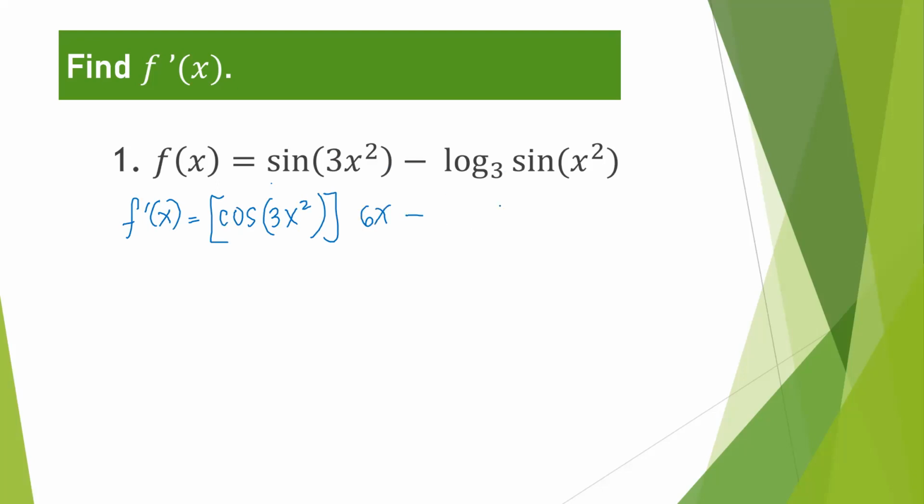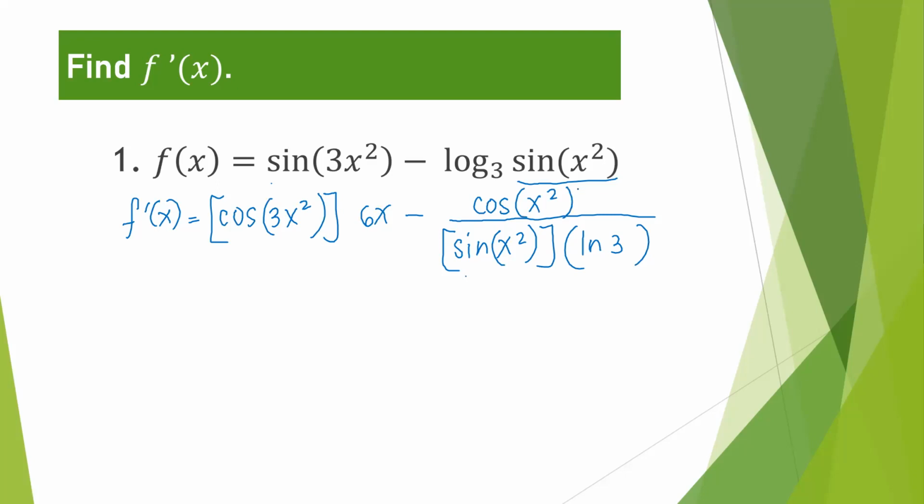Okay. Dito naman sa pangalawa, derivative ng log ay isang fraction. So, copy to, copy-paste. Tapos, meron tayong ln of 3. Okay. Tapos, ano yung derivative ng sine x squared? That will be cosine of x squared.